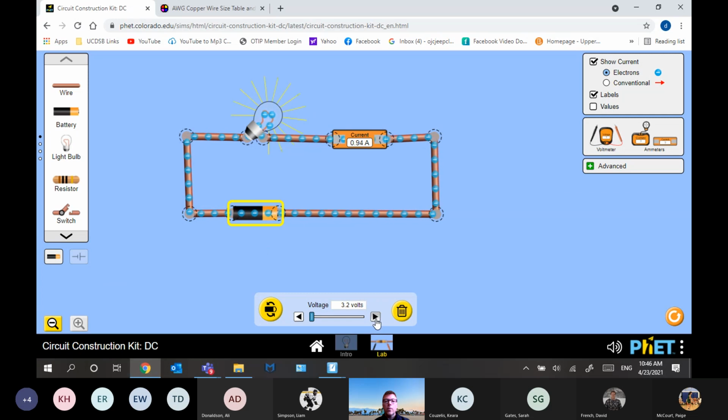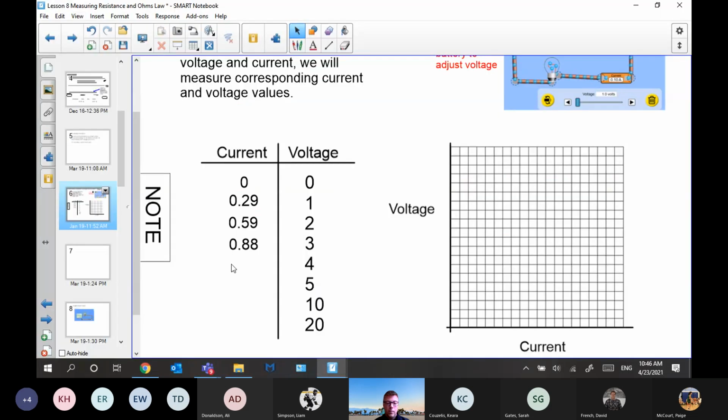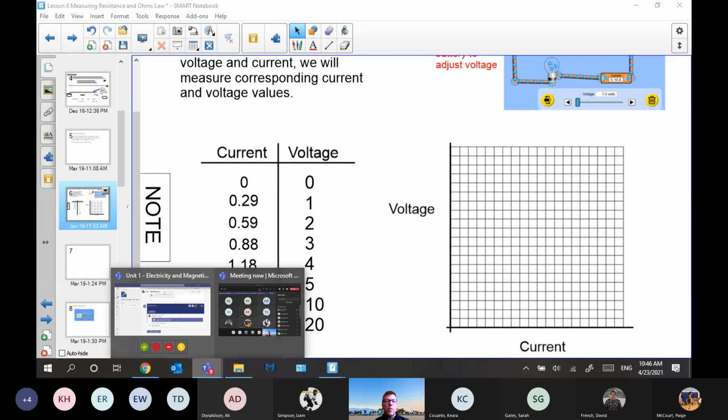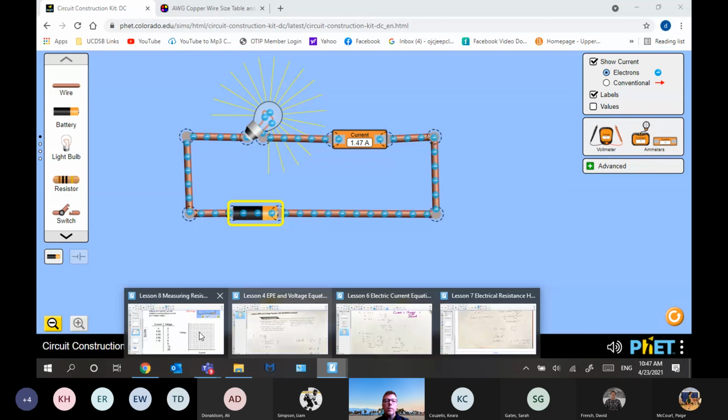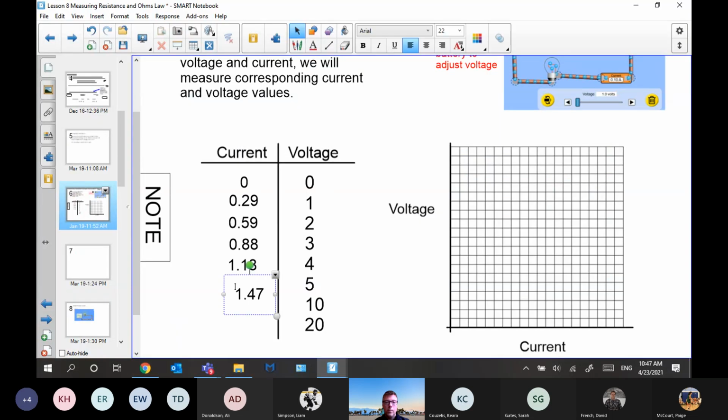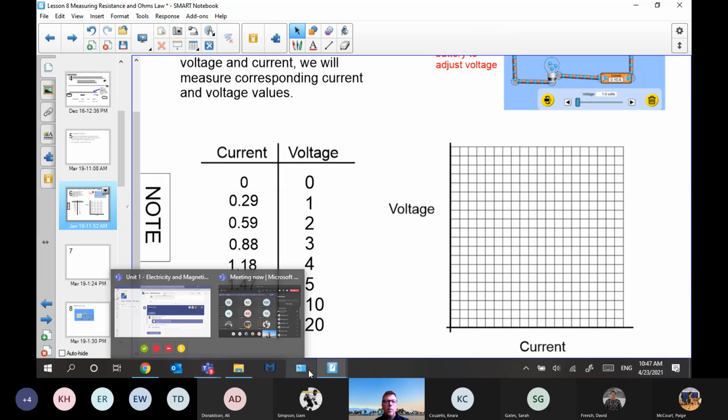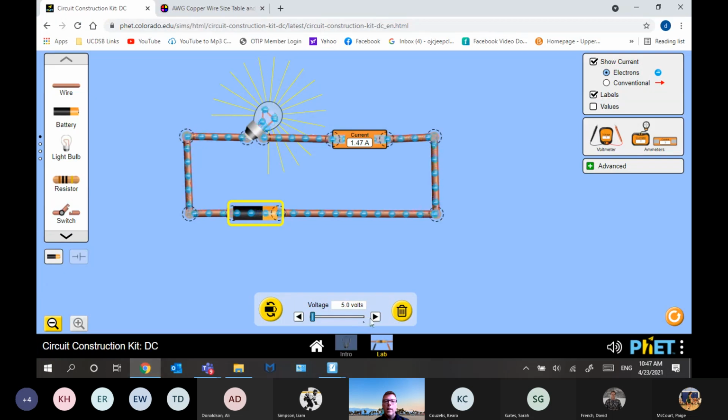Next one's 4 volts. 4 volts, 1.18 amps flow as a result. 5 volts. Oops, wrong one. 1.47. And so on. 10 volts. Oops. 10.